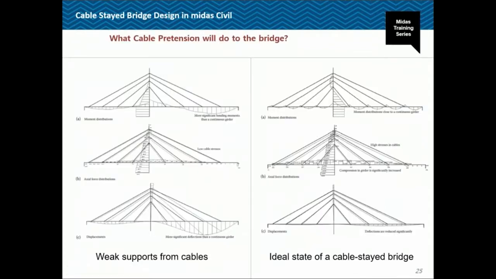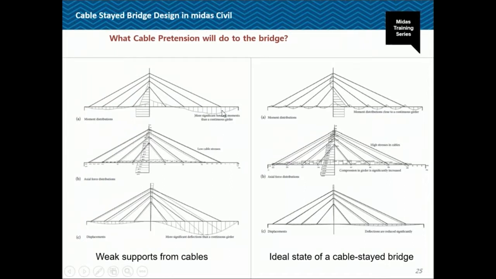Now people generally ask us what cable pretension will do to the bridge, and how to find it in MIDAS Civil. I'm just showing you a simple example: first you have this symmetric bridge where the pretensions are negligible, and if you see the dead load bending moment, this is how it would be.